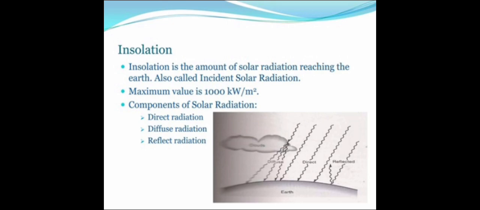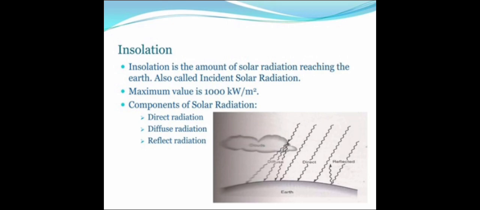adjacent solar panels. So based on the angle of incidence of sunlight, the components of solar radiation are classified into three types. Those are direct radiation, diffuse radiation, and reflected radiation. Direct radiation means the radiation coming from the sun onto the Earth's surface without any change in direction. Diffuse radiation is the radiation of the sun received by the earth after a change in direction by reflection and scattering by the atmosphere.